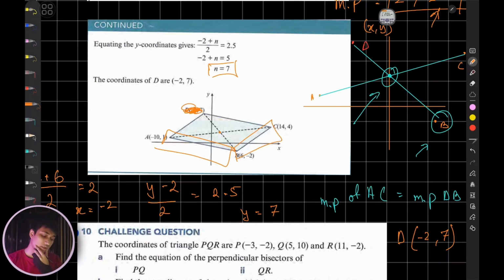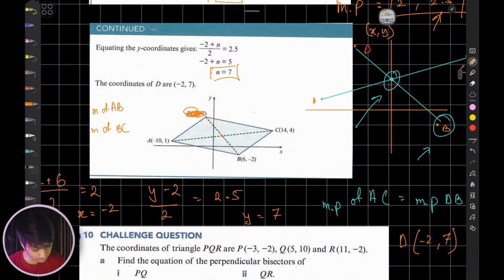Why, you ask? If you know the gradient of AB and of BC, granted you have found these two values, the next thing you do is form an equation for this line. Now, isn't this shaded line exactly parallel to your AB? Yes, it is.